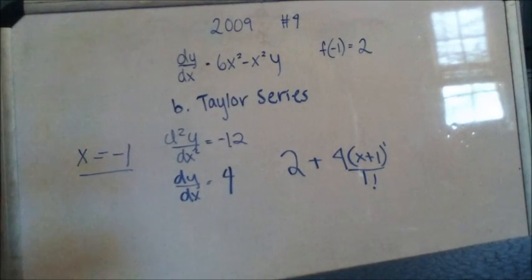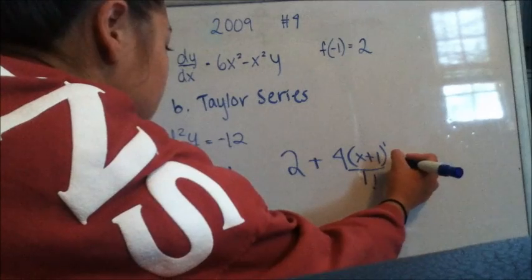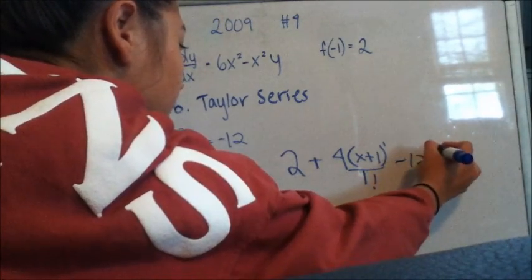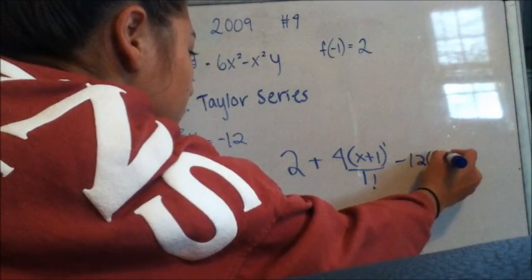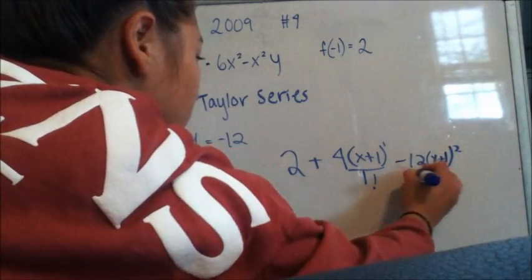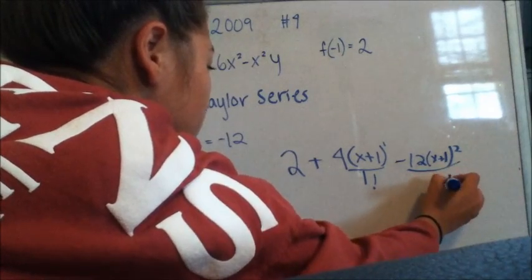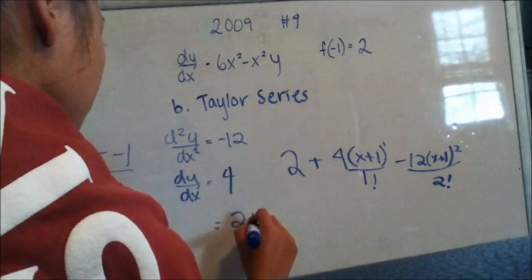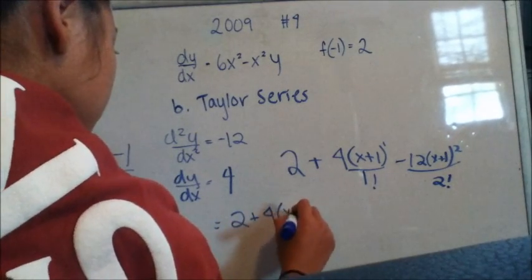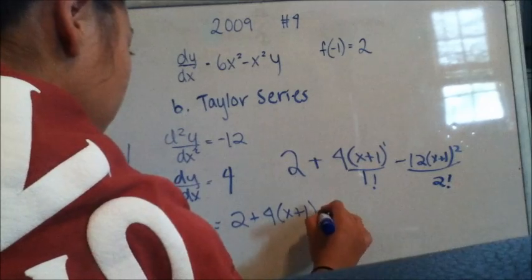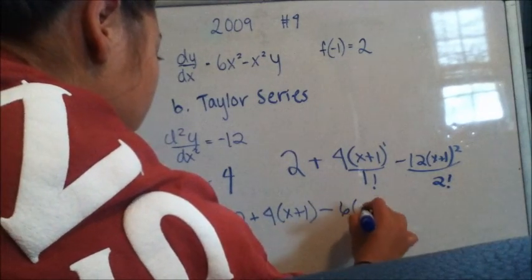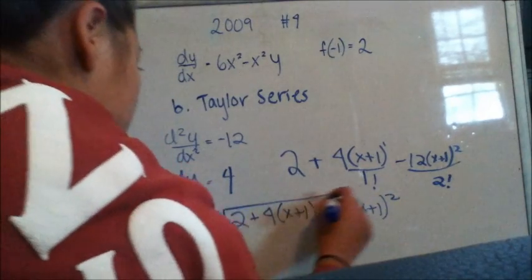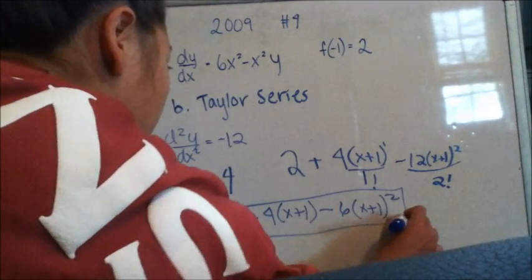And then we're going to go to the next degree, which is going to be minus 12, because we know that f double prime of negative 1 is negative 12, times x plus 1 squared all over 2 factorial. And that's going to give us 2 plus 4 times x plus 1 to the first power minus 6 times x plus 1 squared. And that's our second degree Taylor polynomial.